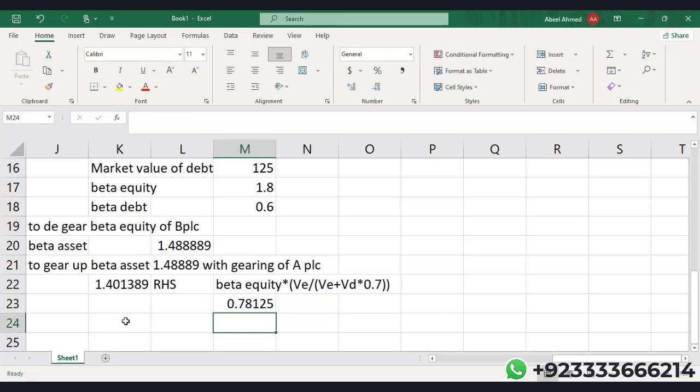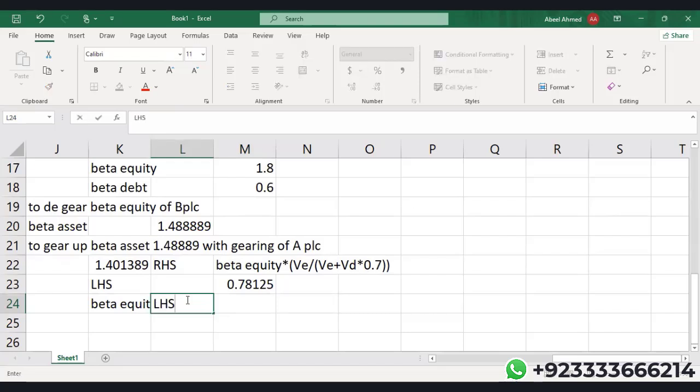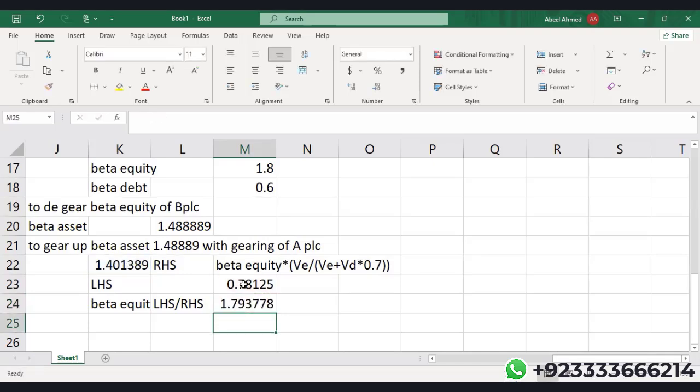So now very simply, and this is our left hand side. So simply beta equity, left hand side divided by right hand side. Left hand side divided by right hand side. So here comes your beta equity.